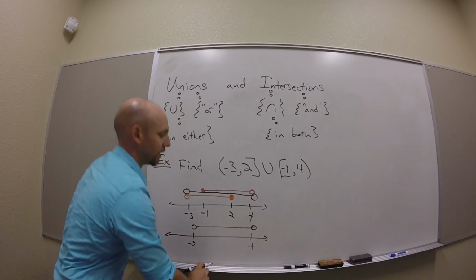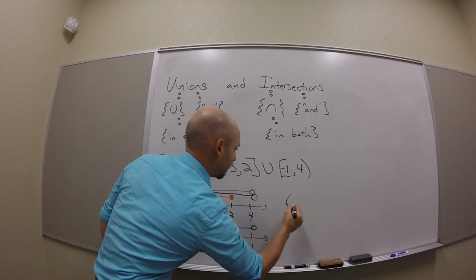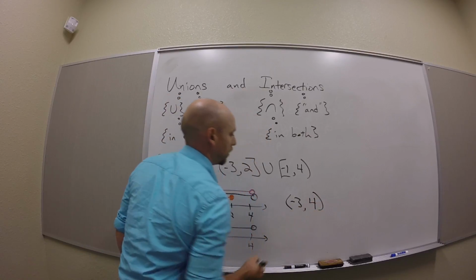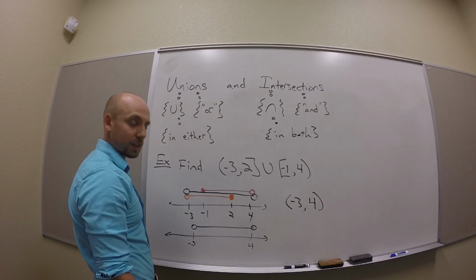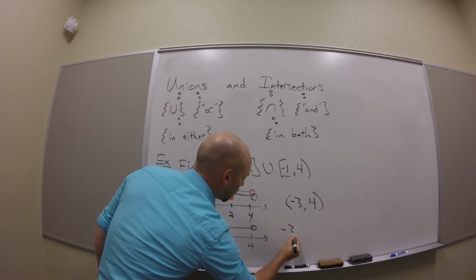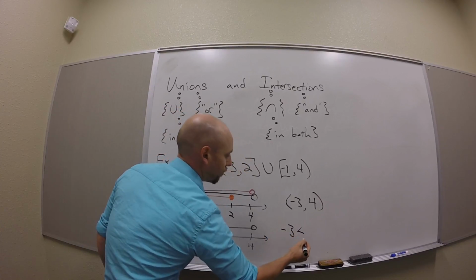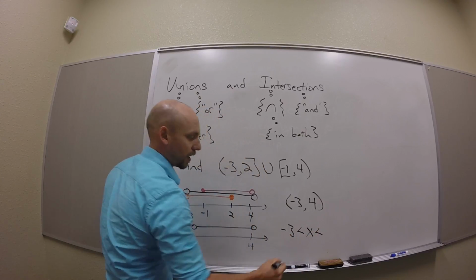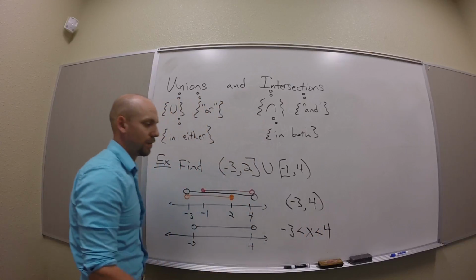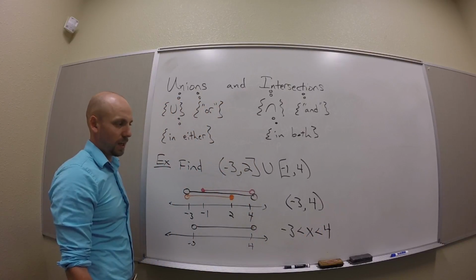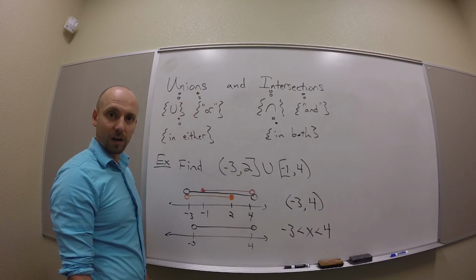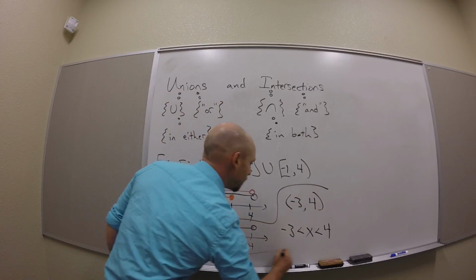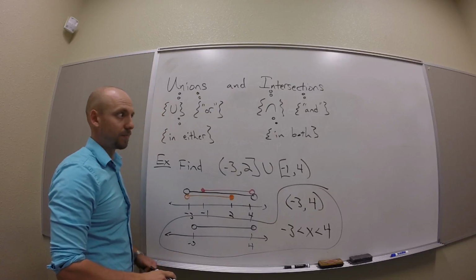If I'm writing that as an interval, I'm going to write it as starting at -3 and running up to 4. And if I was going to write this as an inequality, -3 is on the bottom, so it's smaller than x, and 4 is on the top. So this is x's that are between -3 and 4. Cool? So all of this jazz is how I would answer this one.